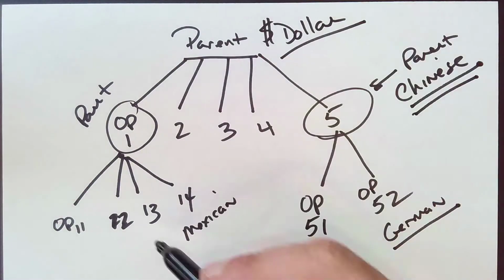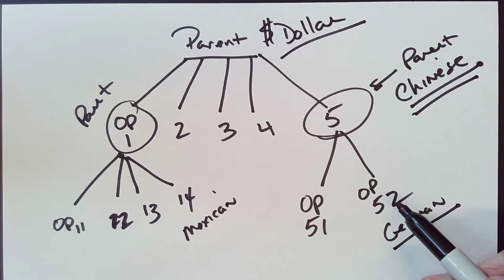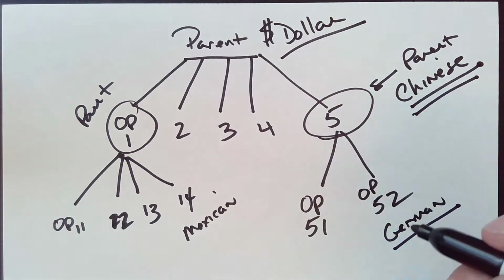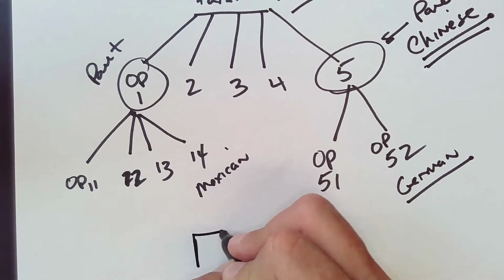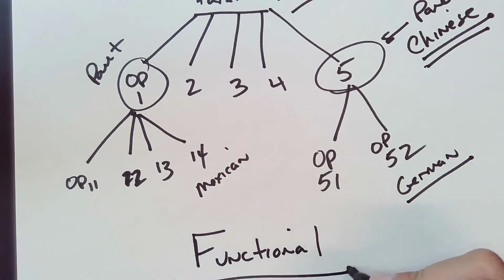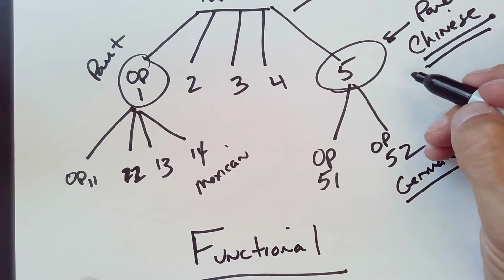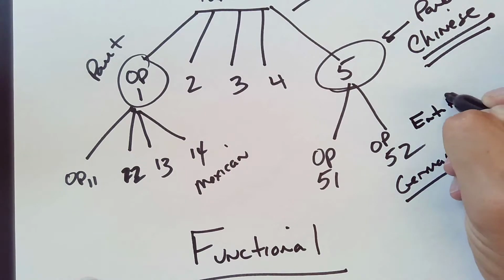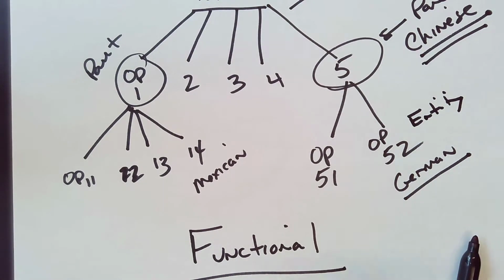Same here with any of these. So we've got to look at each of these separable and distinct operations and figure out what is the functional currency of each as it relates to the entity and the parent.